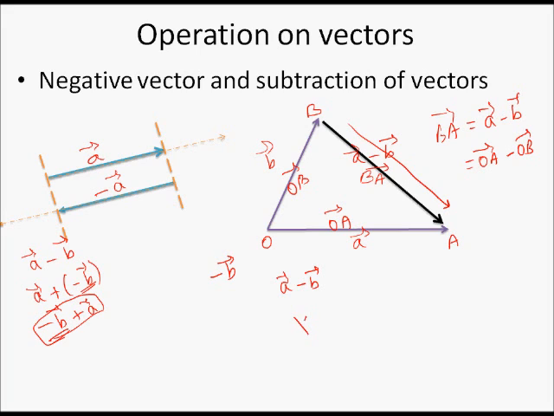Any vector XY can be written as OY minus OX. Remember that the first vector is the position vector of the end point, and the second is the position vector of the starting point. This BA starts from B and ends at A, so the end point is A and the starting point is B, therefore it is OA minus OB.